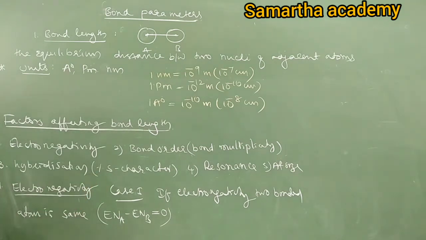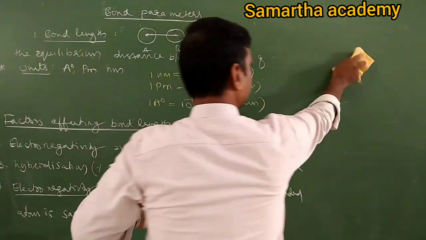When both atoms have the same electronegativity, what is the bond length? The bond length can be calculated easily.